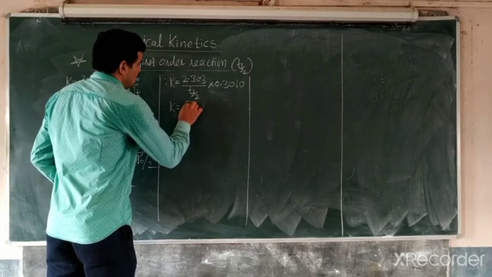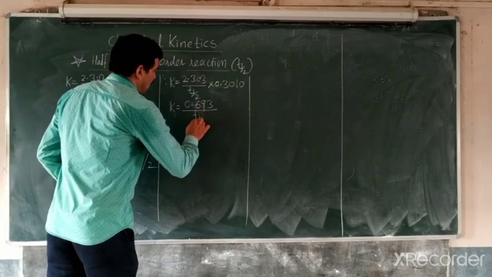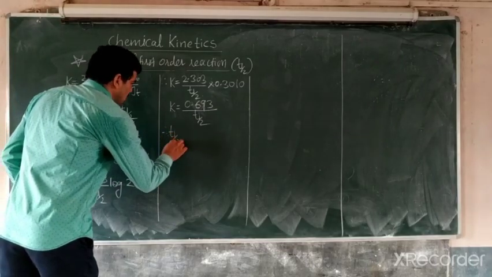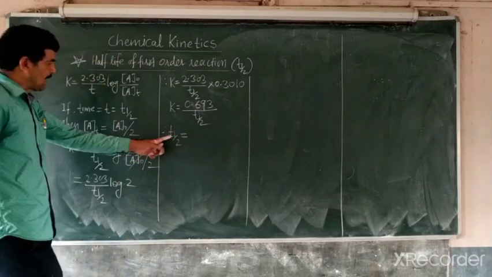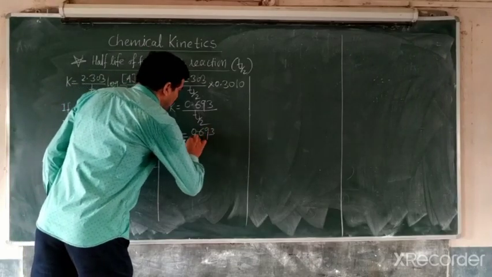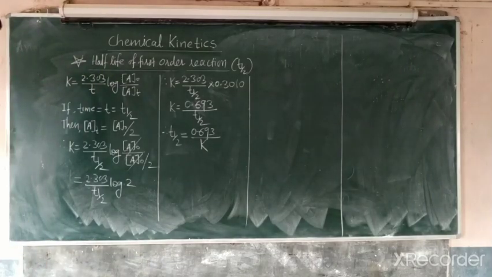It's 0.693 upon T 1 by 2, that is the half-life. Therefore, half-life of first order reaction equal to 0.693 upon K, that is the rate constant of the reaction.